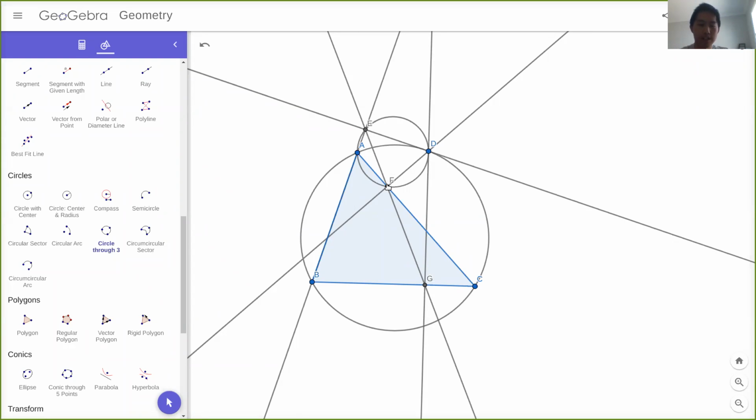So 90 degrees, 90 degrees, this is a cyclic quadrilateral. 90 plus 90 is 180, right? And it turns out that when an inscribed angle like DEA is 90 degrees, AD turns out to be the what of the circle, the diameter, yes.